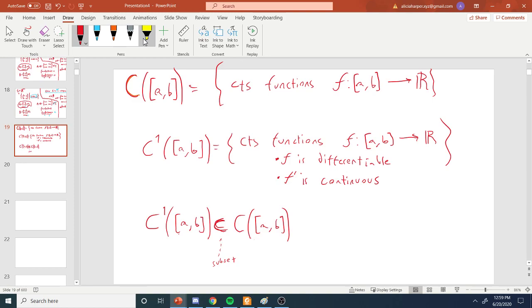Well, it turns out that it is a subspace. So the reason it's a subspace is that the sum of two differentiable functions is differentiable.